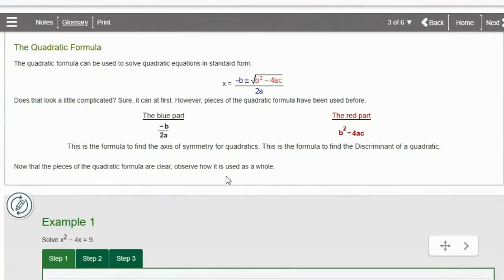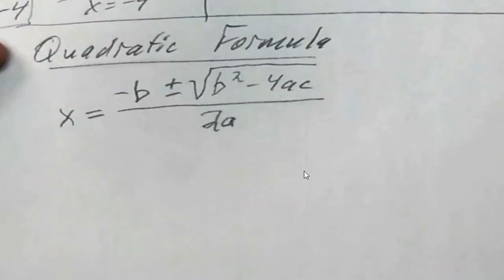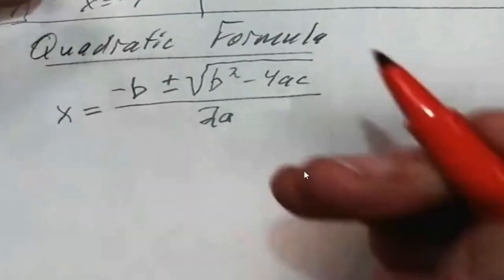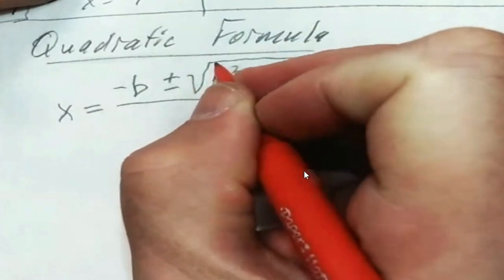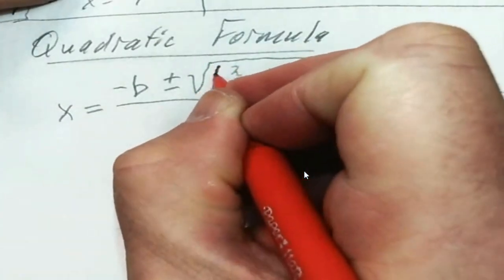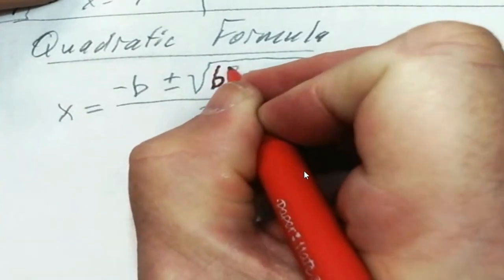Oh, let's talk a little bit about the blue part and the red part. So they've got it kind of broken out as, I don't remember which they had, but we're going to do our red part as the discriminant, triangle, b squared minus 4ac.